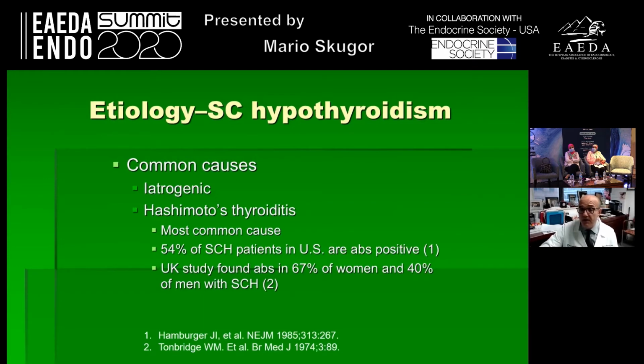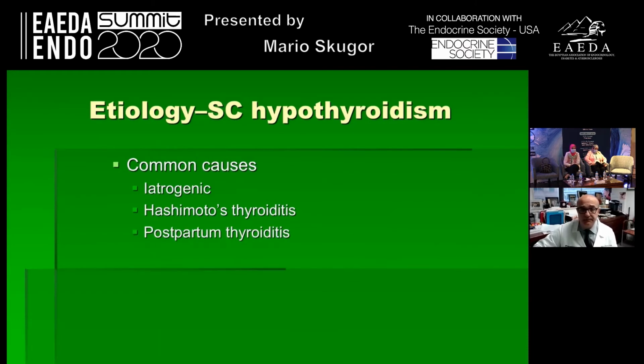A United Kingdom study found antibodies in 67% of women and 40% of men with subclinical hypothyroidism. So spontaneous subclinical hypothyroidism is in the majority of cases caused by Hashimoto's thyroiditis. And then some people will have postpartum thyroiditis. That's another cause of subclinical hypothyroidism.